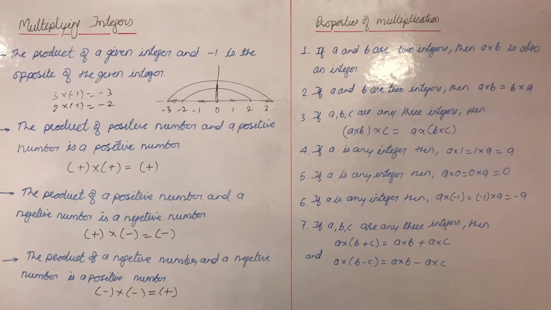Next, if a is an integer, then a into minus 1 equals minus 1 into a equals minus a. Then last, distributive property, if a, b, c are any three integers, then a into b plus c equals a into b plus a into c, or a into b minus c equals a into b minus a into c.